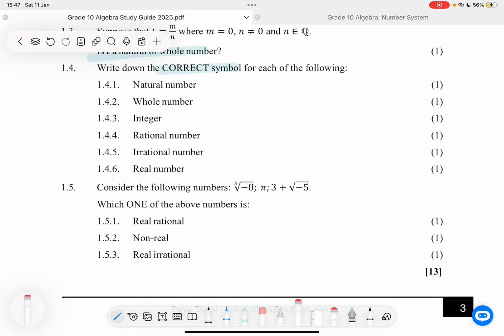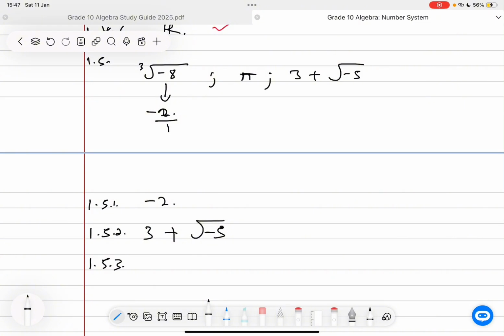Then obviously the last one has to be pi, but we spoke about it because here we want a real irrational number. Pi we said is an irrational number because we spoke about this extensively: it cannot be written as a fraction or a ratio. It cannot be written as a rational number.